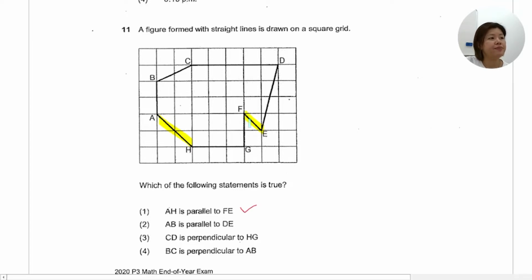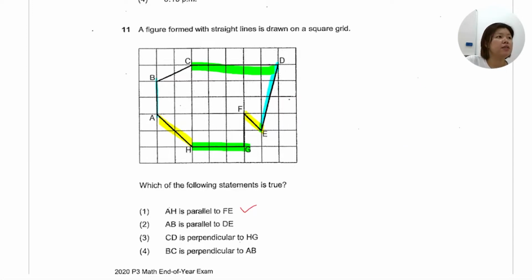AB is parallel to DE? No, if you can see DE is slanted, so it's not parallel. Next, CD is perpendicular to HG? No, they are parallel rather than perpendicular. Perpendicular must be 90 degrees.